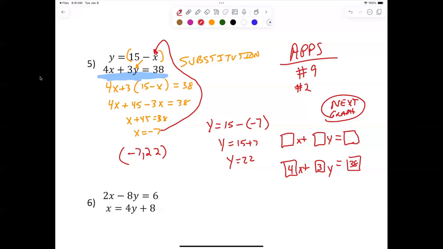The first equation we have a little bit of problem with. Do we agree? The X is not in the right spot. So I need to move the X over to the left side. Does everybody agree with that? So I can change it to X plus Y equals 15. Now here's where you're trying to get smarter now.